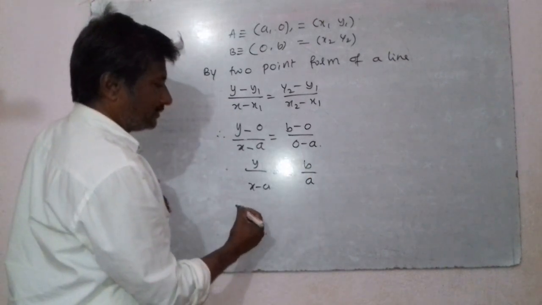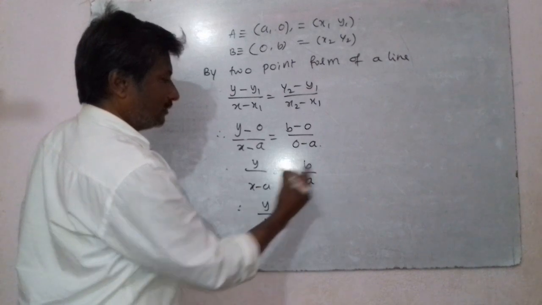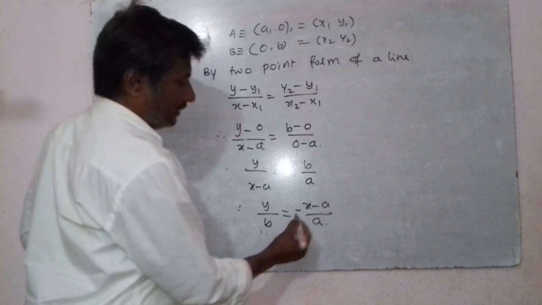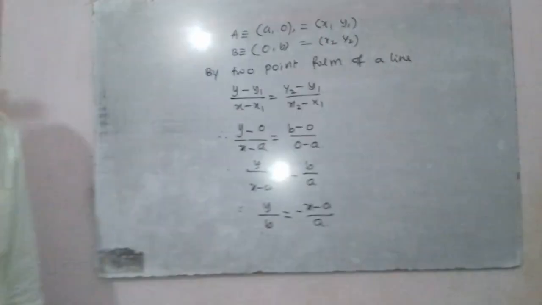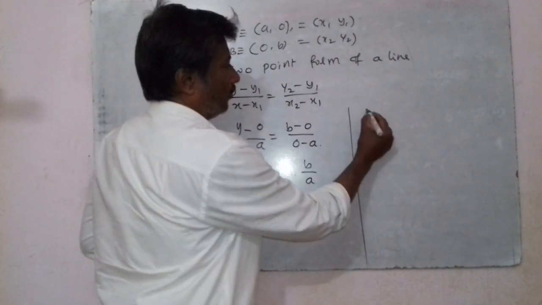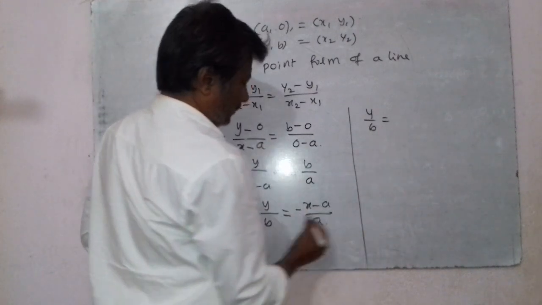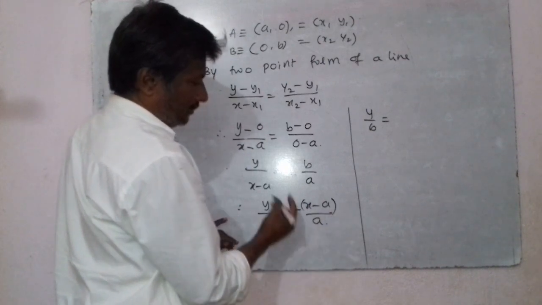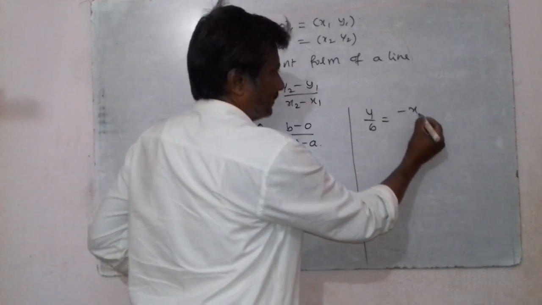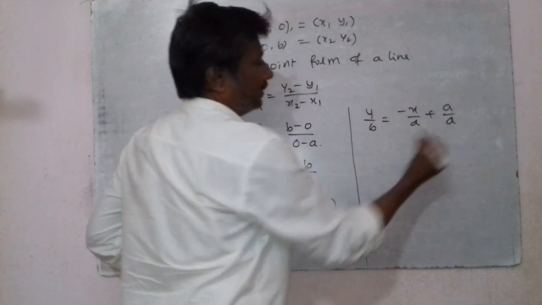So just transfer this. Therefore y upon b equals x minus a upon minus a. Separating these two, y by b equals minus x upon a plus a upon a.